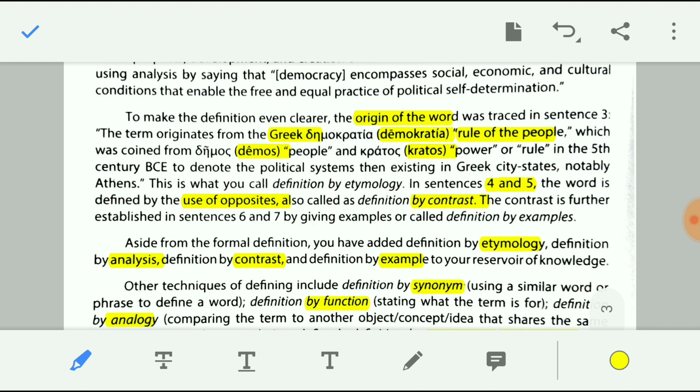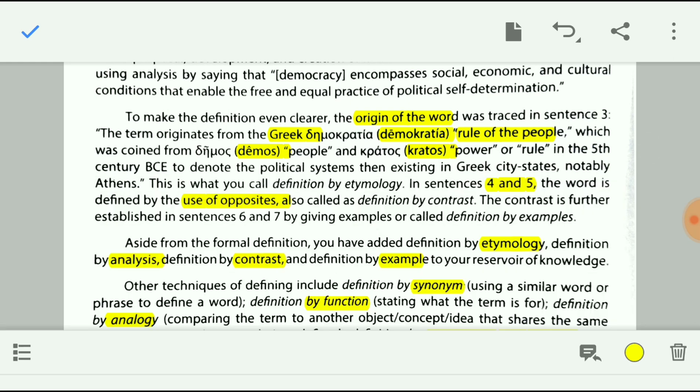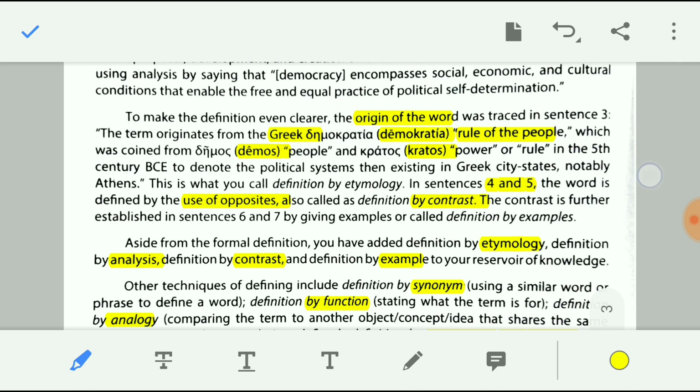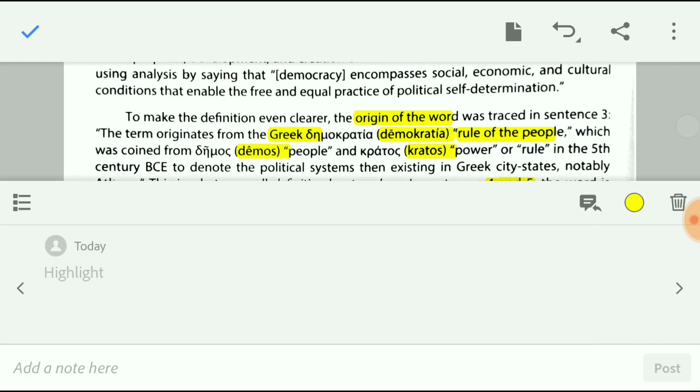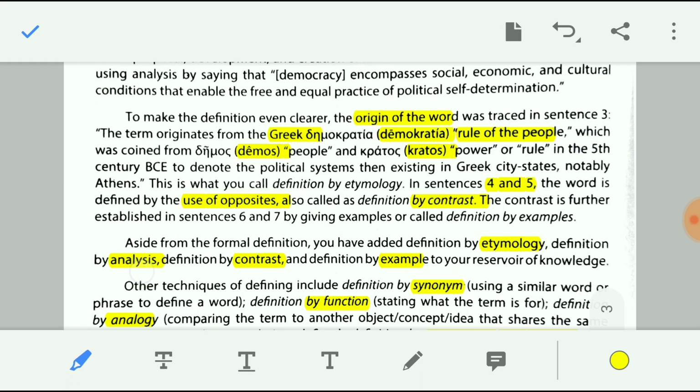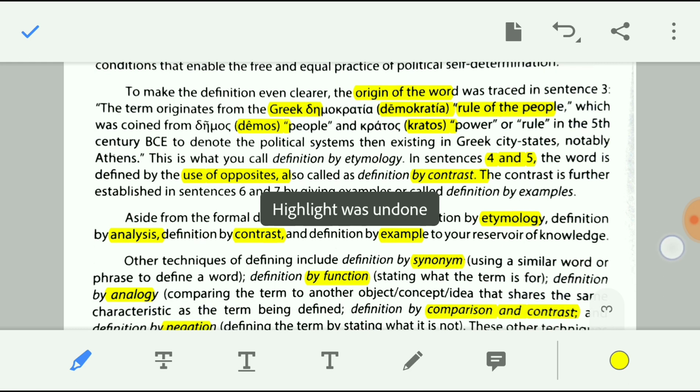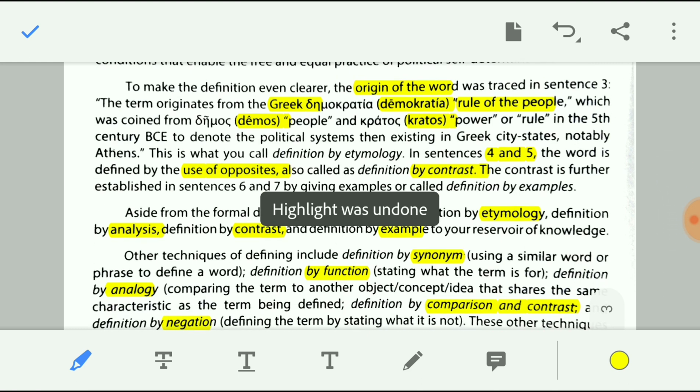You may have contrast or the opposites. And then you may have etymology. You can have analysis. You have contrast. You have example. You may have synonym. You may have it by function. You may have it by analogy. You may have it by comparison and contrast, and you can have it by negation.